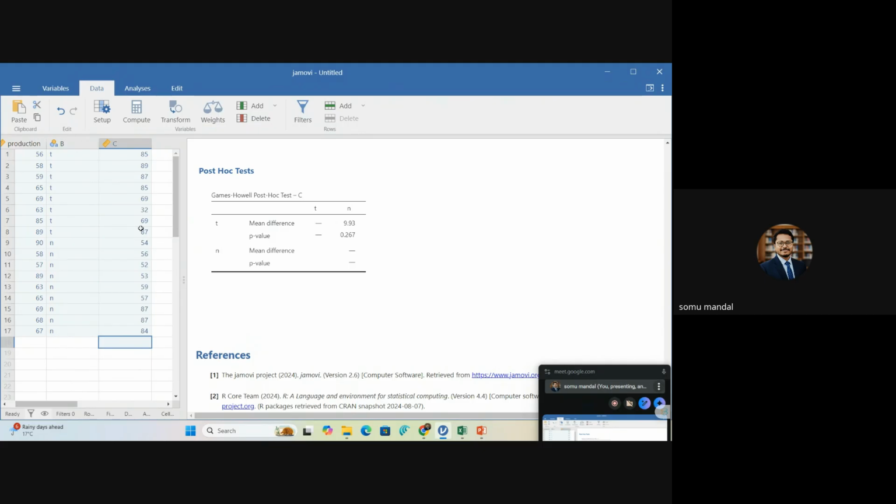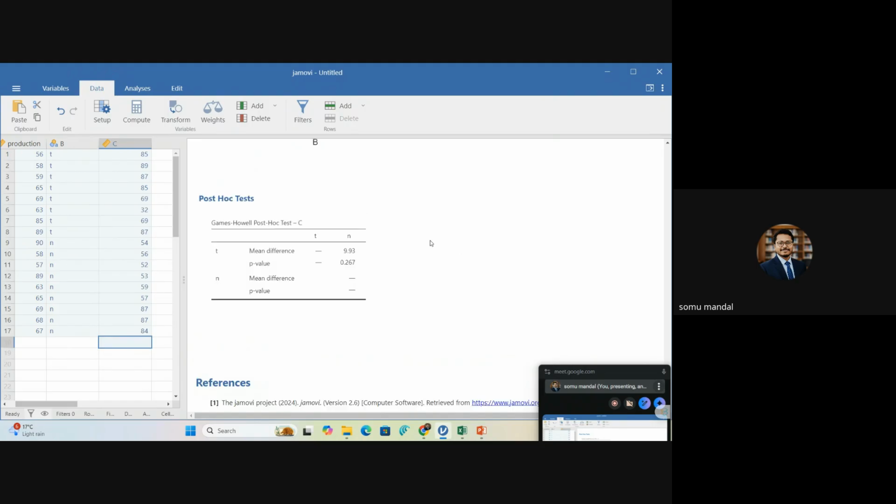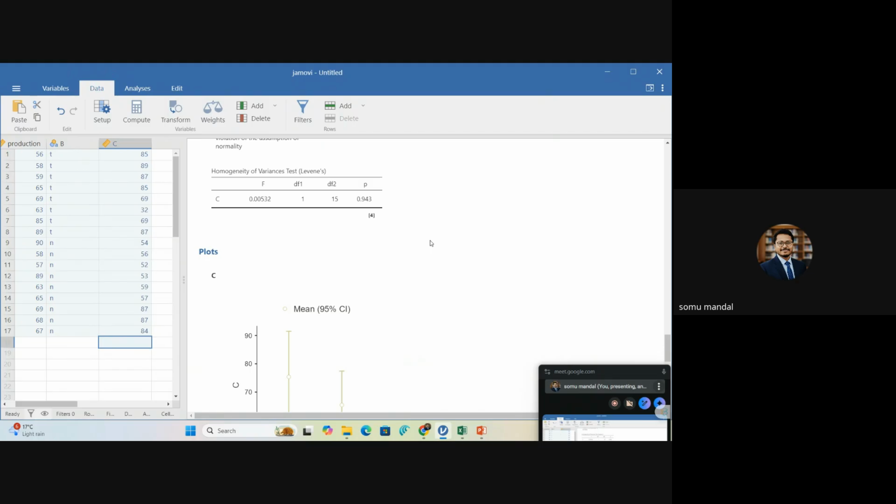The data is nearly distributed from 69 to 90. Here in the other case: 54, 56, 52, 53, 59, 57, 87, 87, 84, 84. So it is an abrupt data set, and that is why you find a different kind of result here.